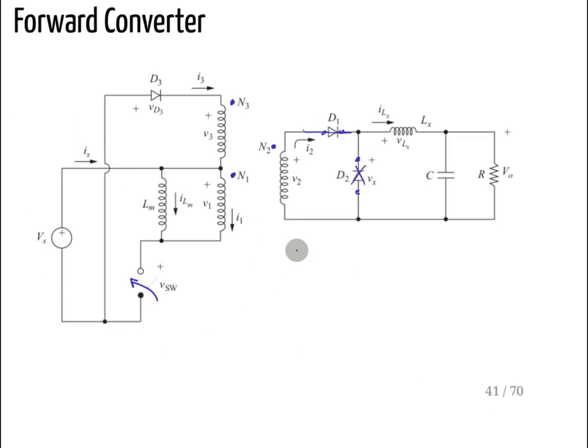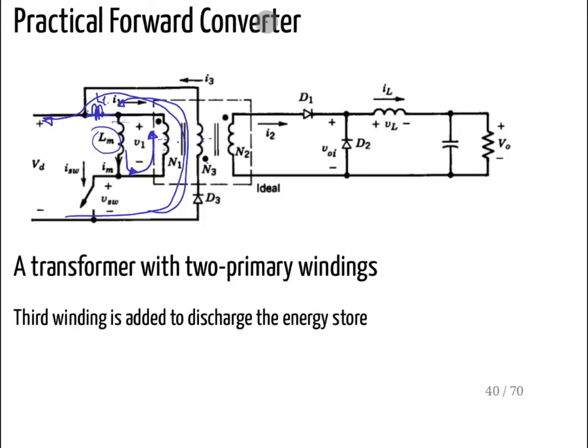Actually, if you look at that circuit, let me try to describe it. If that switch is on and you have some current I1 in that direction, I2 is coming out from the direction of the dot, and the same thing would like to happen through here.